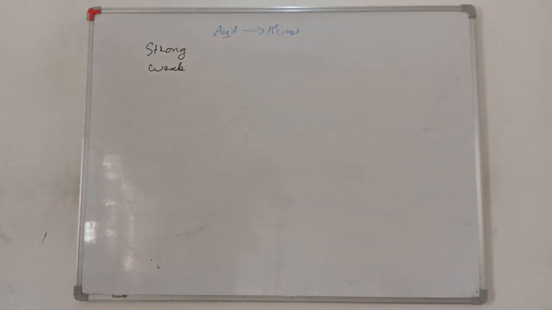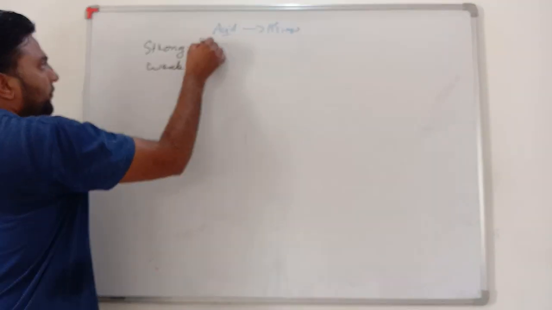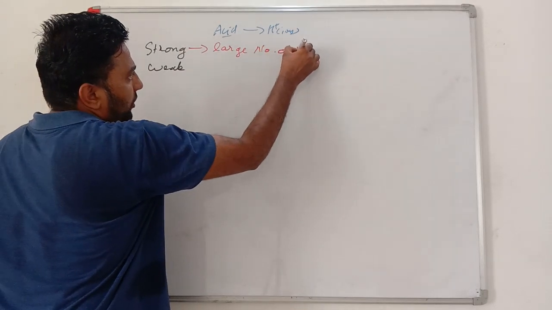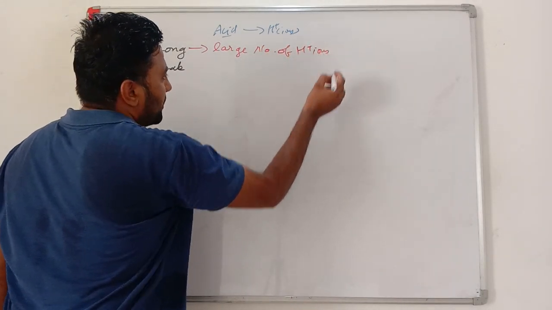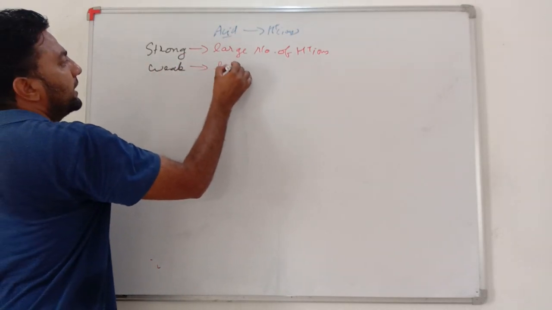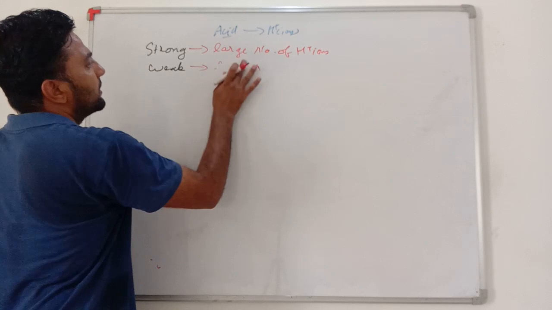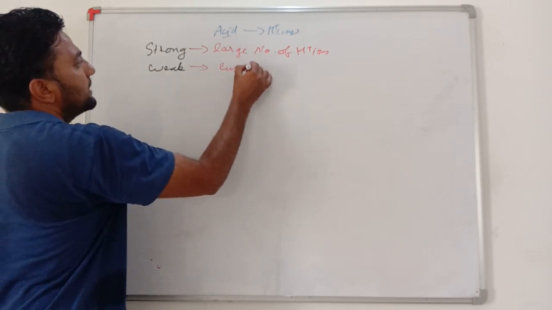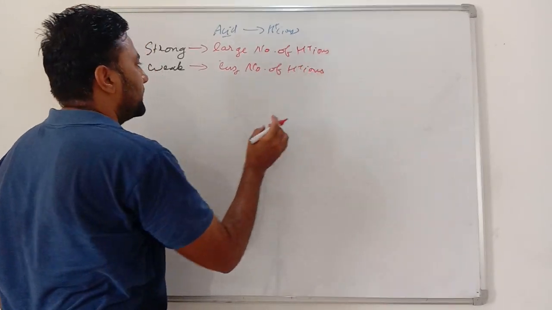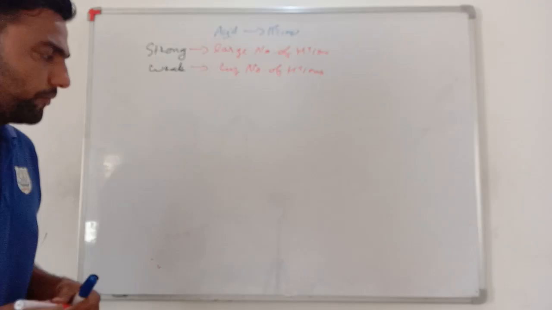So if I am adding any acid into water, if I get a large number of H plus ions, then it is a strong acid. And if I am adding any acid and I am getting a less number of H plus ions, then that is a weak acid.